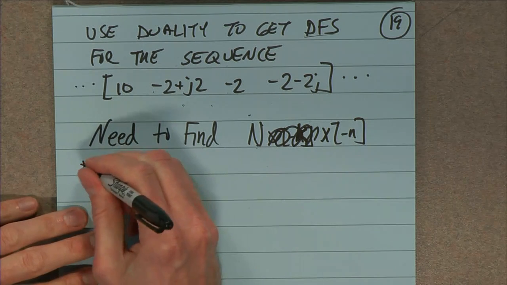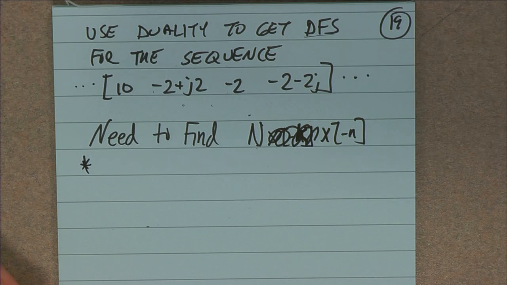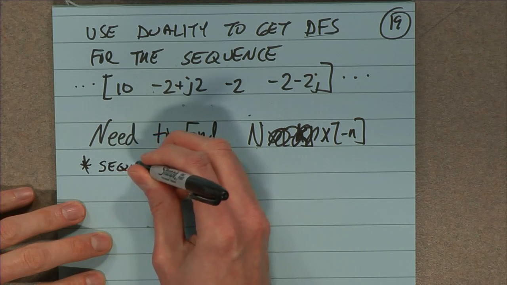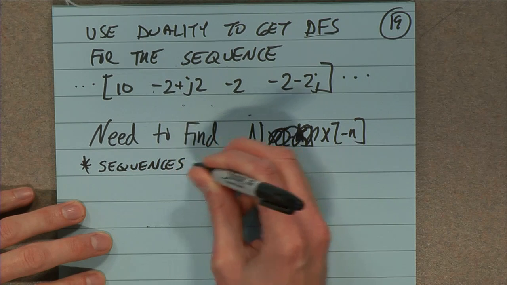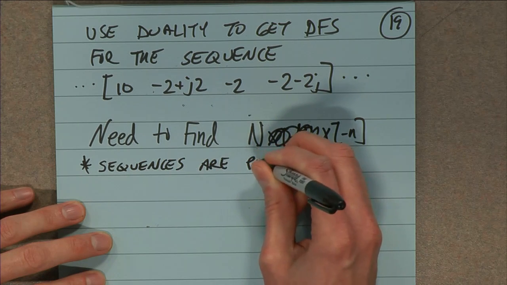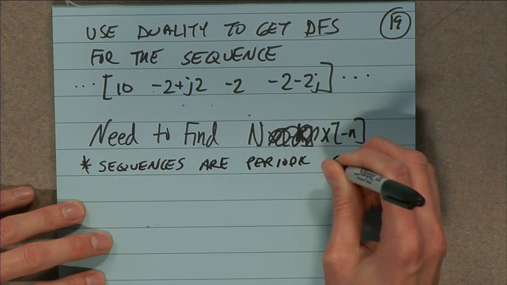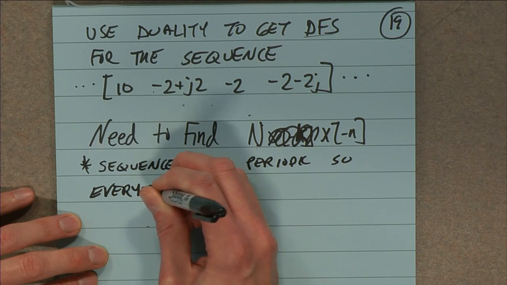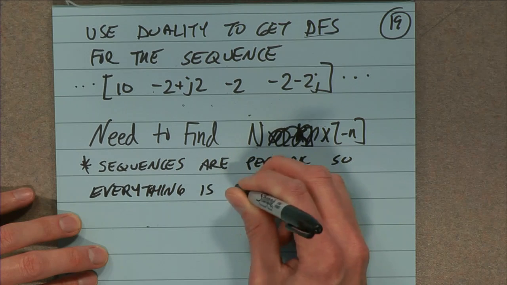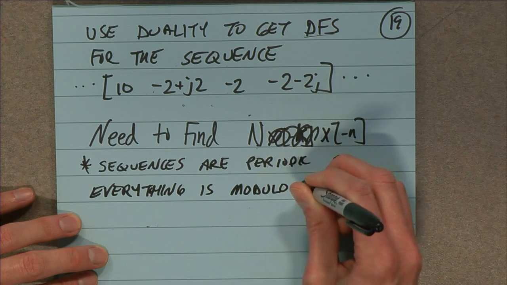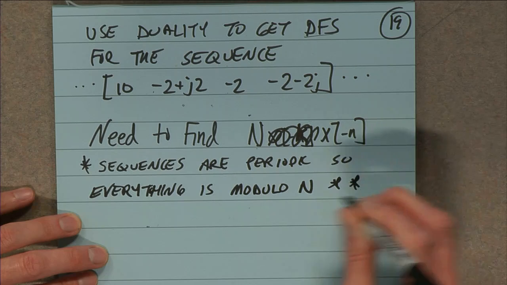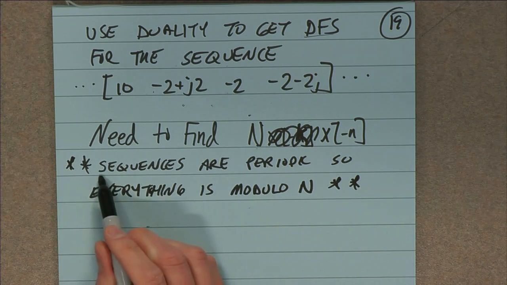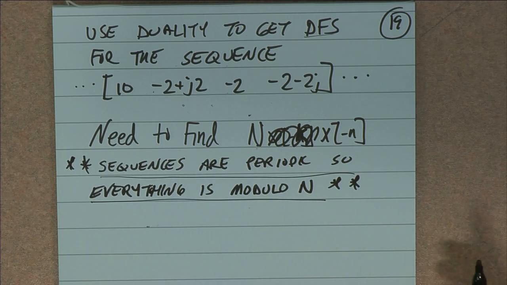So what's our first, I guess, kind of rule of the road? Sequences are periodic. So everything is modulo N. Star, star, star around it. Everything is modulo N. The sequences are periodic, so everything is modulo N. Well, what does that mean?